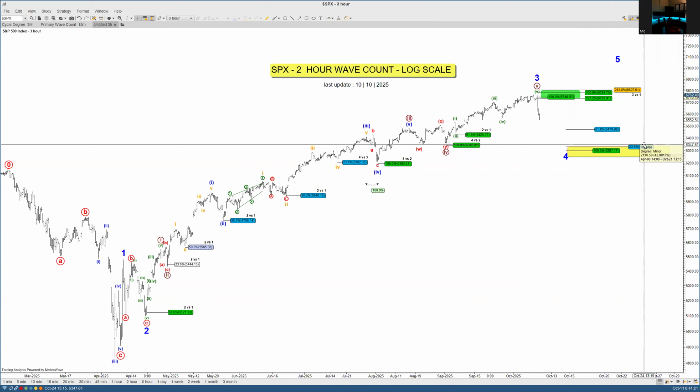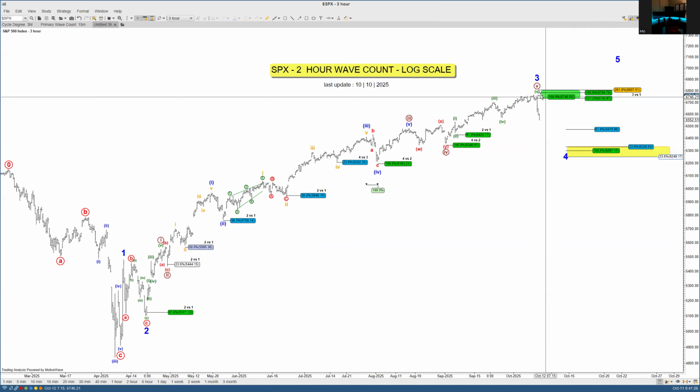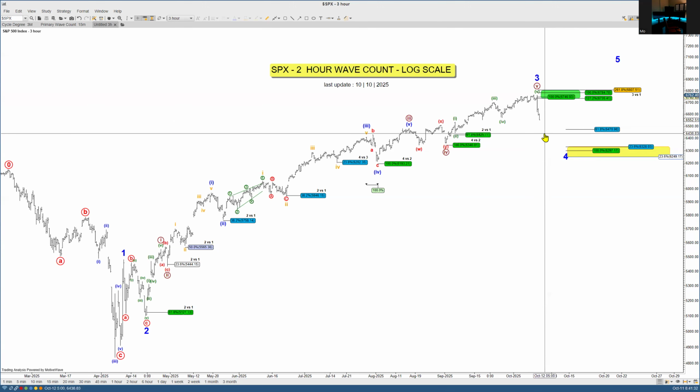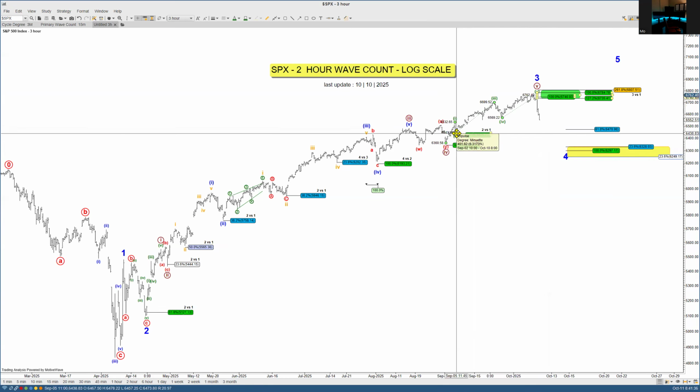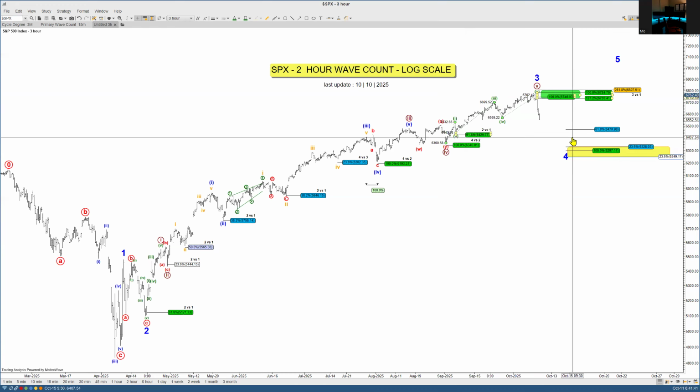Okay, so we went up there. It looks like we got rejected, right? So we have this five-wave move. So how does it go? It goes an ABC, could be complex.